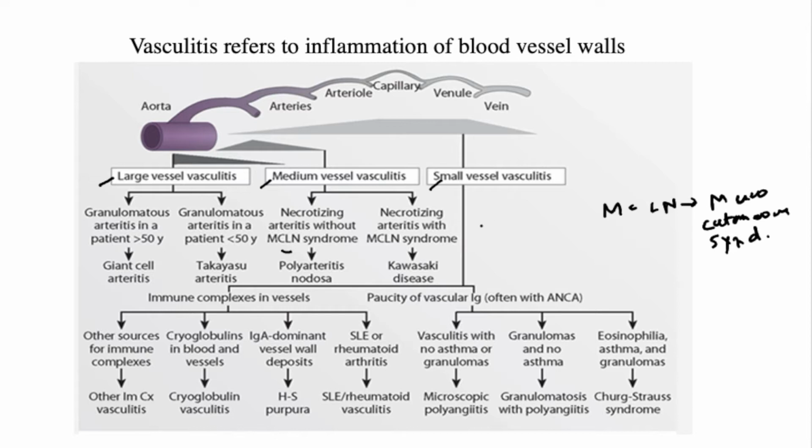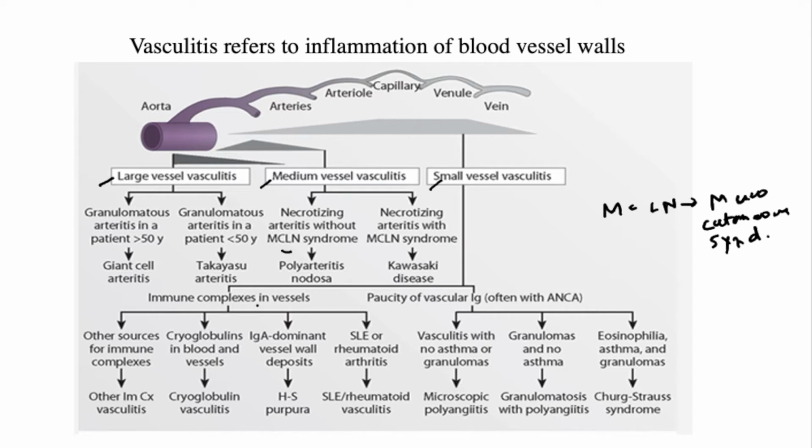For small vessel vasculitis, there are various examples, and we broadly classify it depending upon the pathophysiology. It is because of immune complex deposition, or there is paucity of the immune complex.